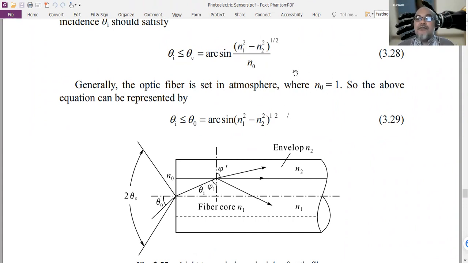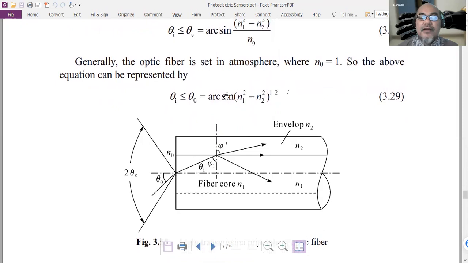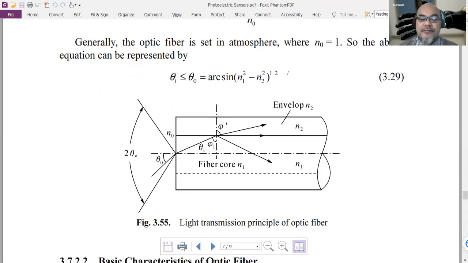So n0 is equal to 1, the refractive index of the atmosphere. So this equation can be represented as the incident angle should be smaller than theta 0, which equals arcsine of square root of n1 square minus n2 square. So this incident angle has to be smaller than this.